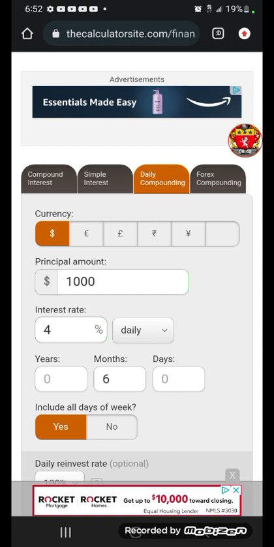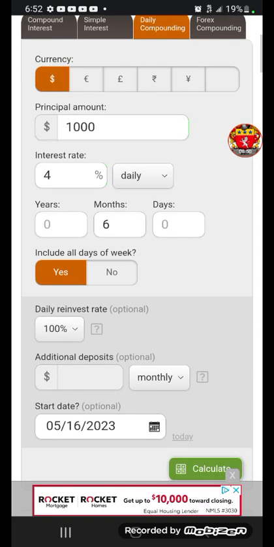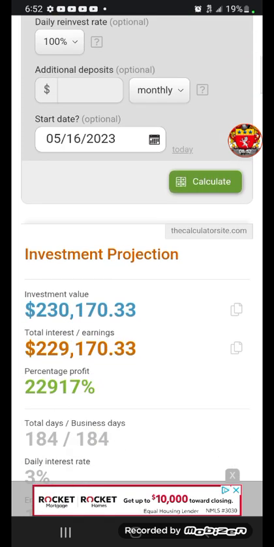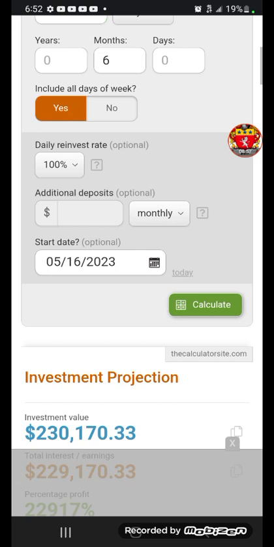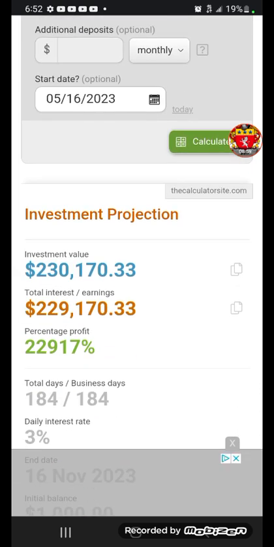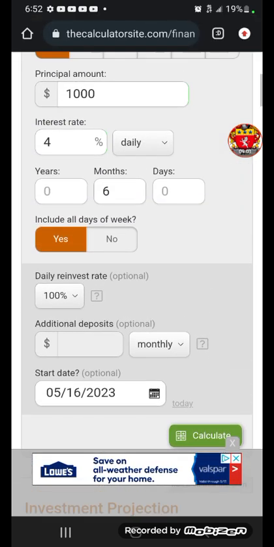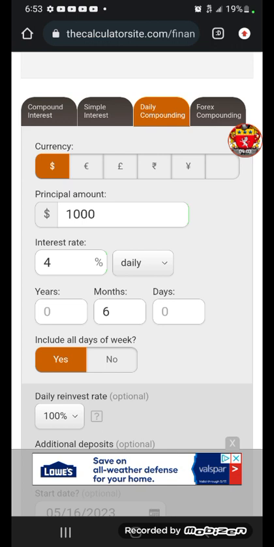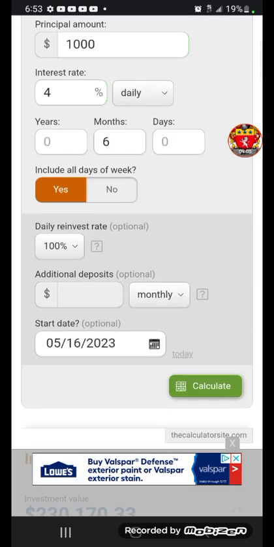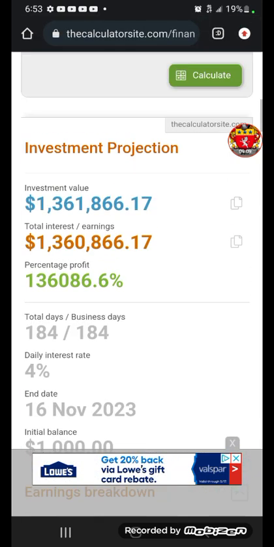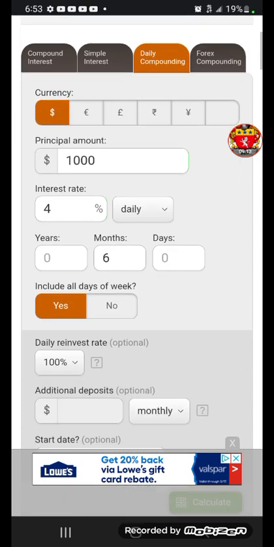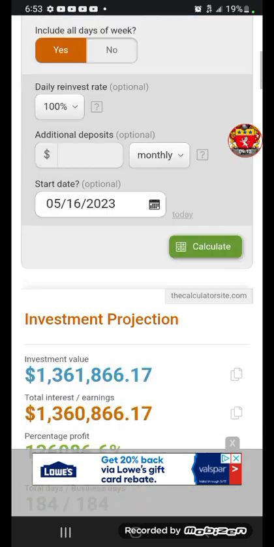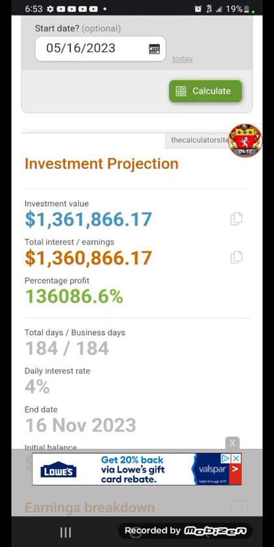But let's just say it's 4% after 6 months, because on a $1,000 investment, after 6 months, this is saying we'll have $230,000. Well, let's just see what 4% after 6 months on $1,000 brings us. 1.3 million after 6 months. 4% brings us 1.3 mil.